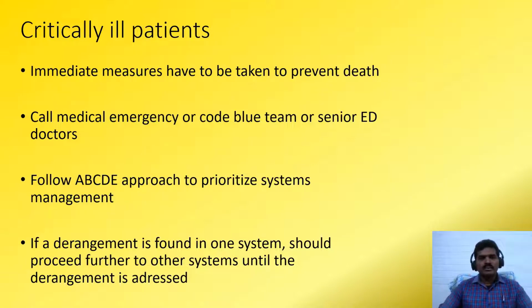Once the airway is managed, then you go into breathing, assess breathing, manage breathing, go into circulation, assess circulation, manage. Disability will be managed after you manage airway, breathing, and circulation. And environmental control is one of the most important steps in managing critically ill patients.